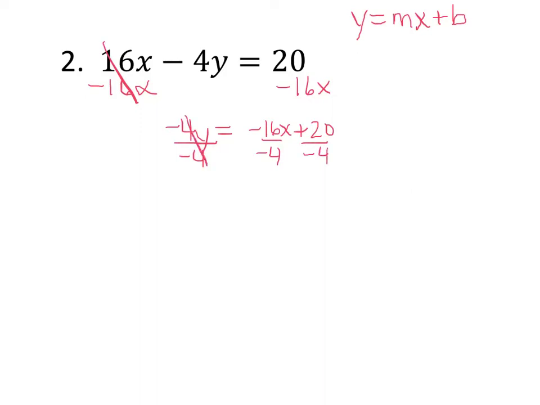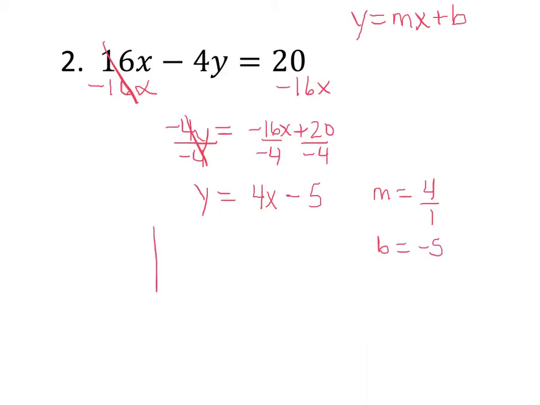So this cancels, and we have y equals negative 16 divided by negative 4 is positive 4x, and then 20 divided by negative 4 is a negative 5, so we're going to put minus 5. So in this particular example, we have our slope being 4, and I'm going to go ahead and put 4 over 1. And then our y-intercept is at negative 5.